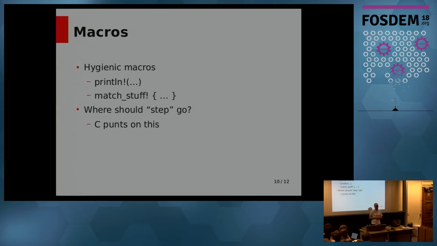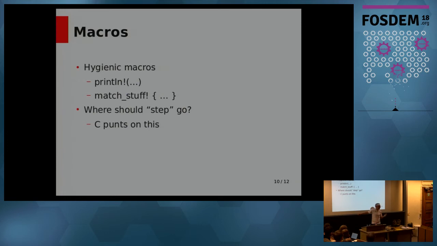Next is usually easier, but what should step do? Should it step into the implementation? Print line might be a significant chunk of code in some library over there. Do you want to step into that? Or for this matcher, do you want to magically step over whatever prologue it might introduce and go into your code? I don't know if there's a really good answer for this.